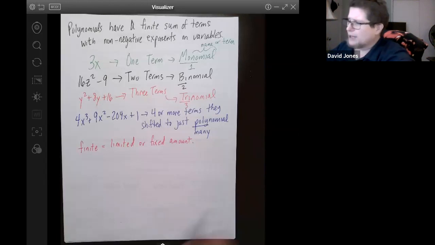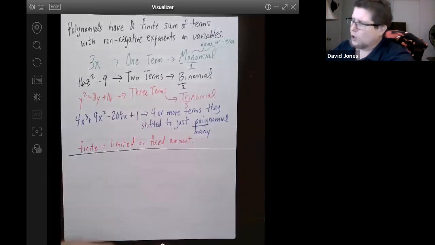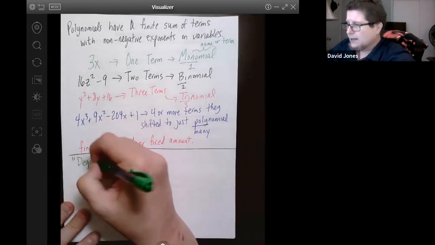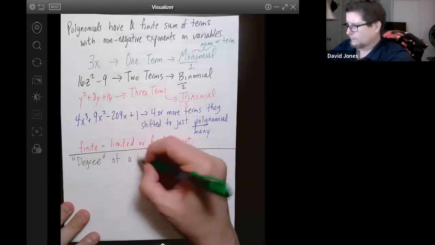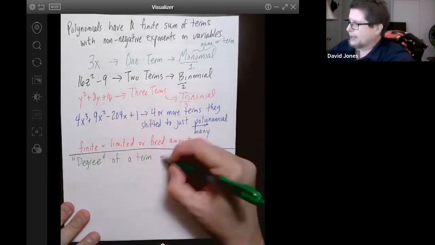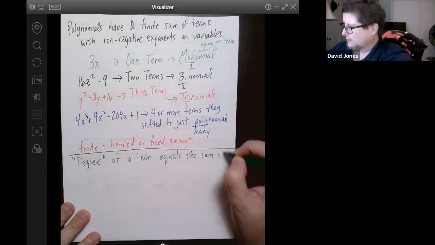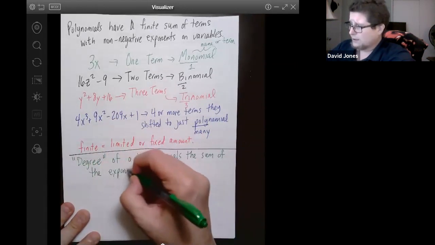Some more information. So we use the word degree. The degree of a term equals the sum of the exponents on the variables.